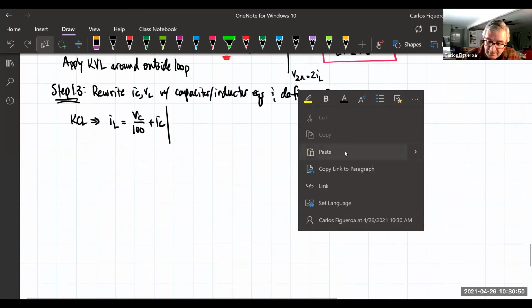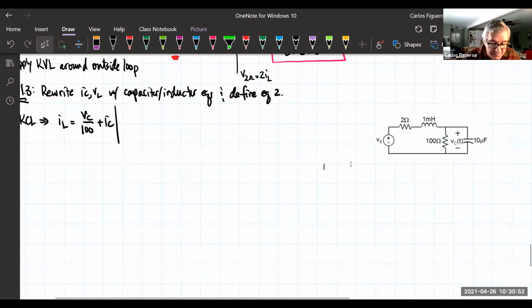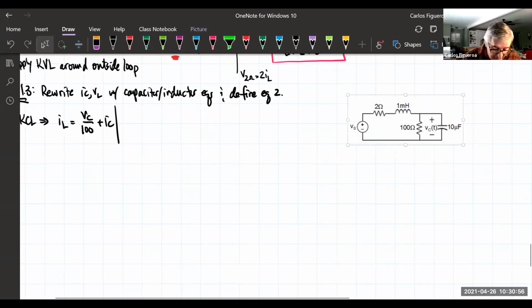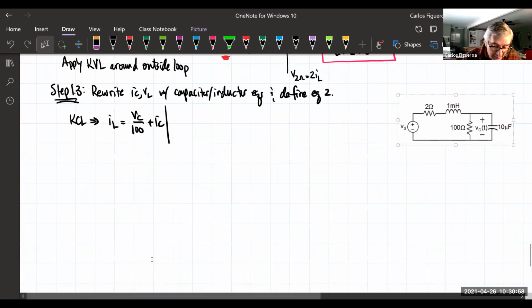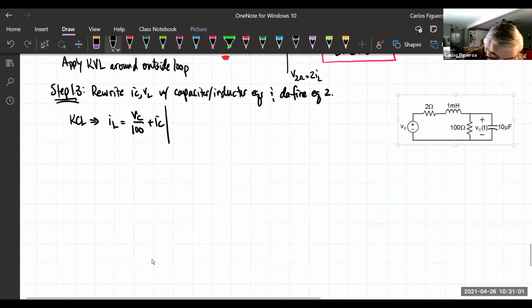So if I now paste this right here, I could keep seeing that IC, look what I have, I have a 10 microfarad. You know, that's painful to write down. I strongly recommend that when you start getting to real values, do not put in numbers unless the numbers are simple.